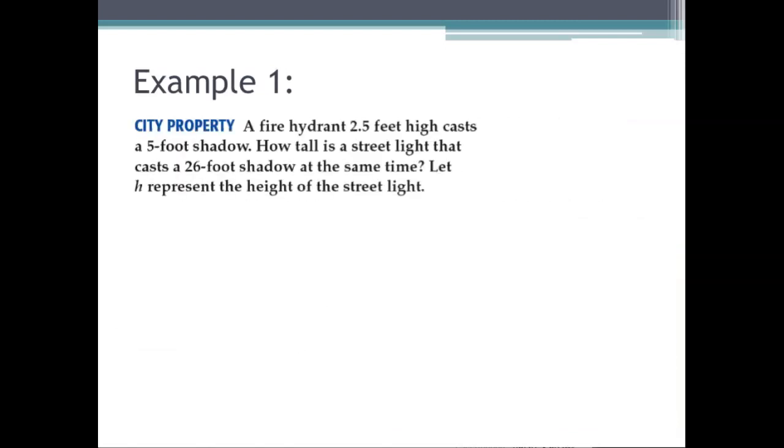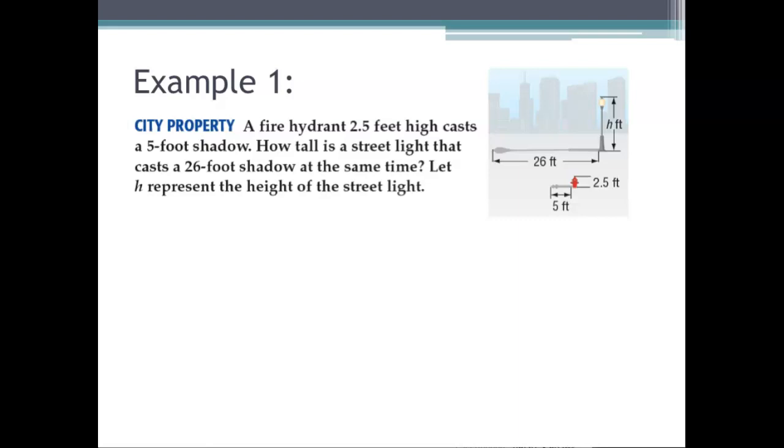A fire hydrant 2.5 feet high casts a 5-foot shadow. How tall is a streetlight that casts a 26-foot shadow at the same time? Let h represent the height of the streetlight. So here's a picture. There's a fire hydrant that's 2.5 feet tall with a 5-foot shadow.